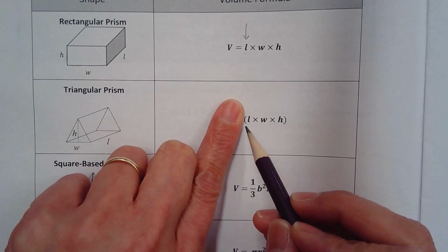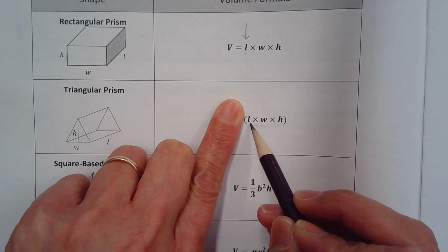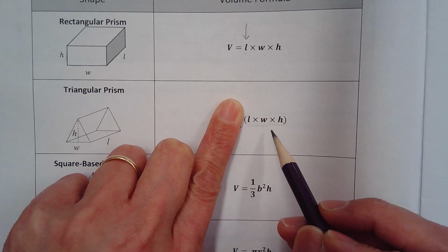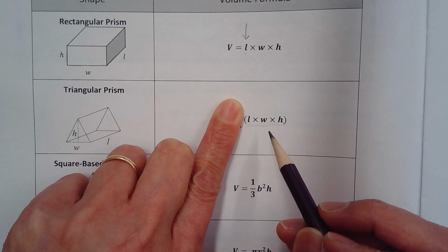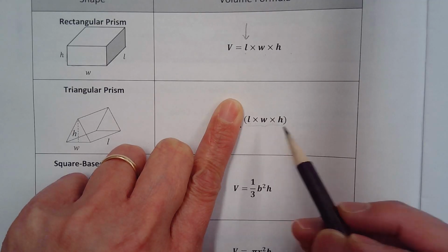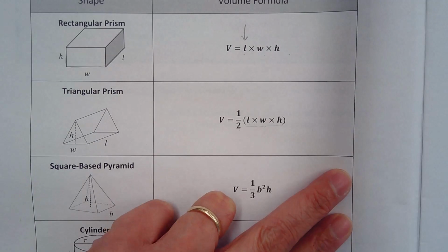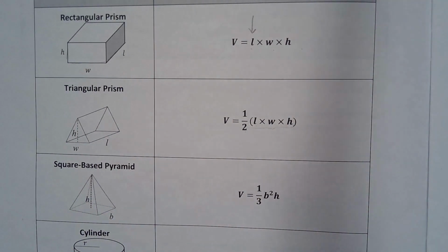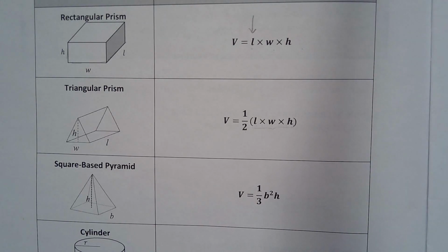So what does it started off with? It started off with length times width times height. So that kind of reminds us of a rectangular prism, right? A box. So what I'm going to do is draw a box. Now I'm going to put my drawing skills to the test.